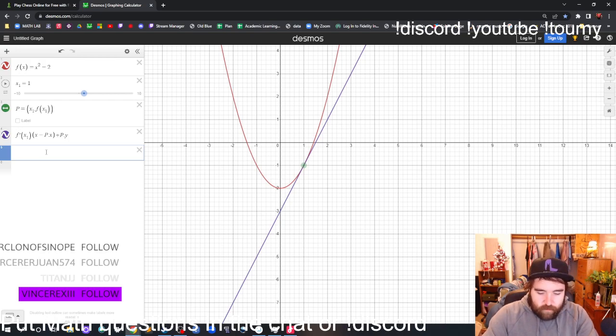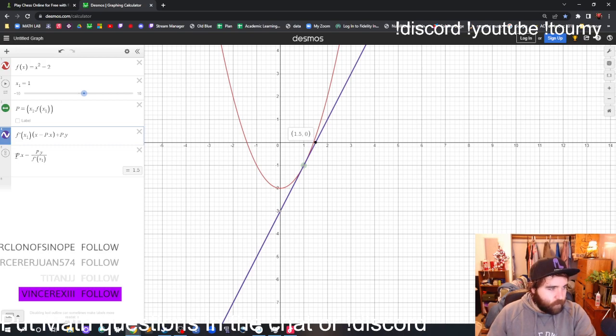It'll just be x equals negative p.y divided by f prime of x1, plus p.x. This was the formula we were just using on paper, of course. See how that's finding that x-intercept there. And I actually want to make this an action, basically.